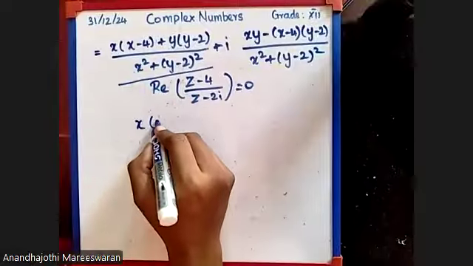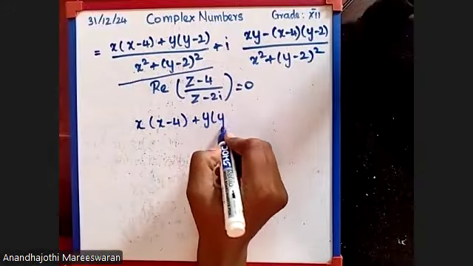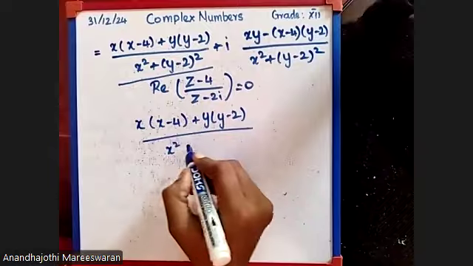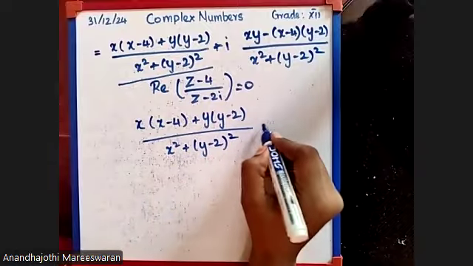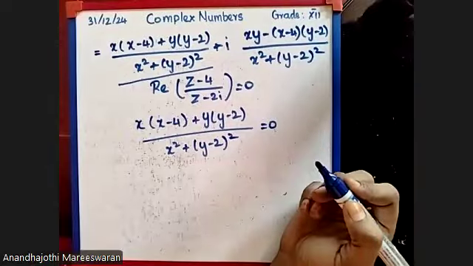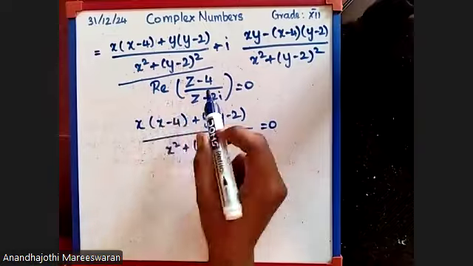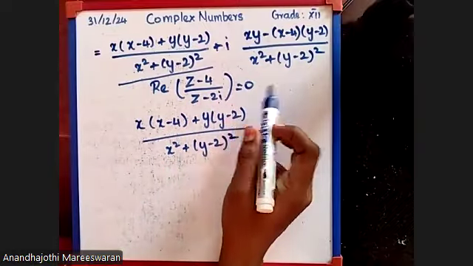So x multiplied by x minus 4 plus y multiplied by y minus 2 divided by x squared plus y minus 2 the whole square equals 0, because this is what is given in the question.